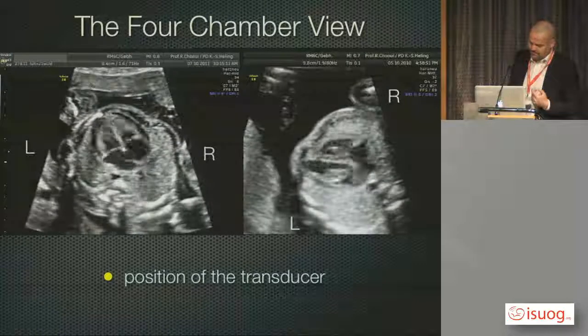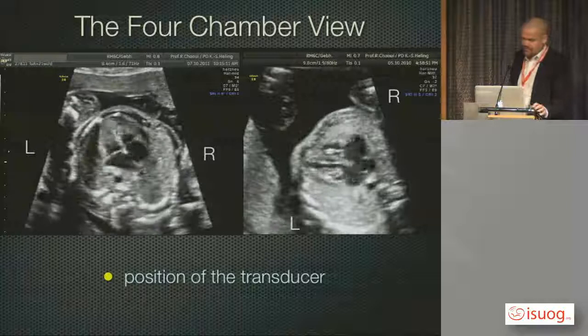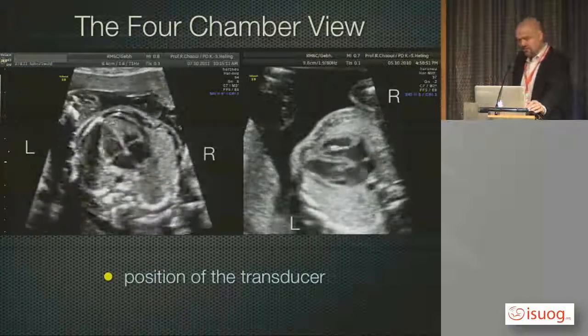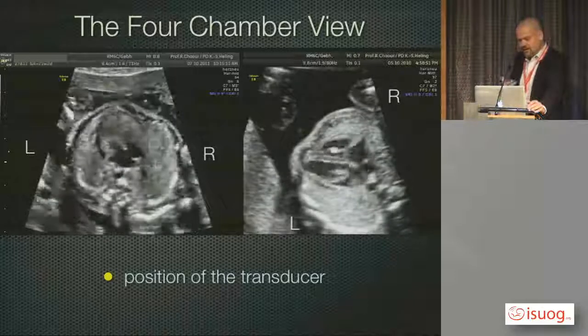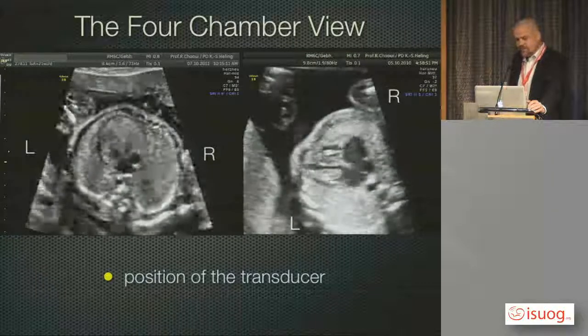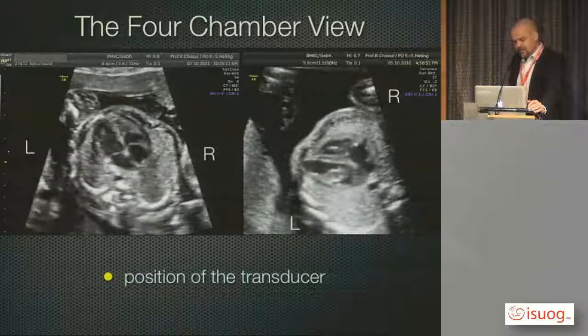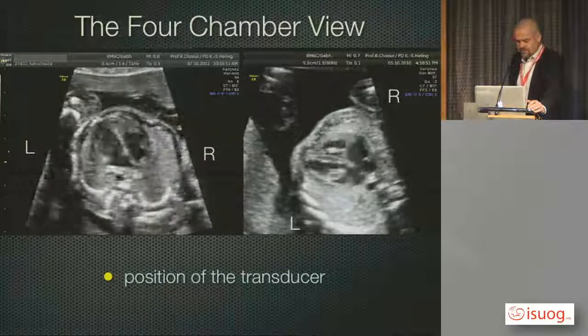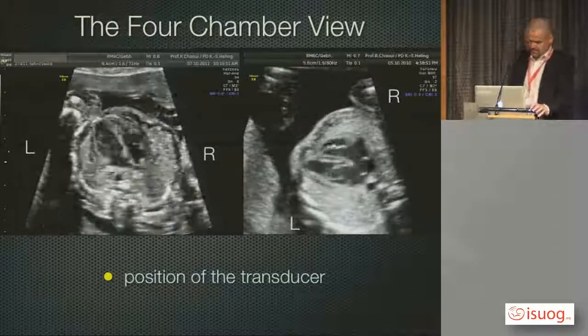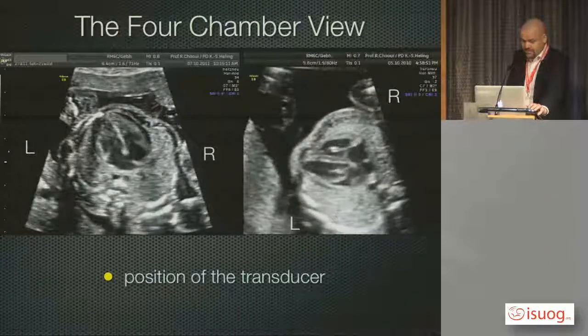On the right, you see it in the right clip. It's much better for examination of the ventricular septum because you have a 90-degree angle with the ultrasound beam and the ventricular septum, and late in pregnancy often we come from the back because the baby is lying on his belly and we come from the spine. This is the worst position for examining the fetal heart.